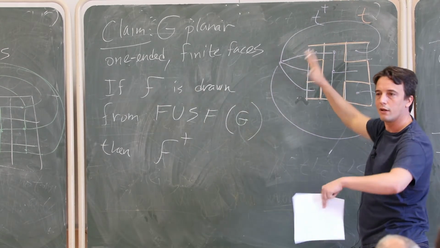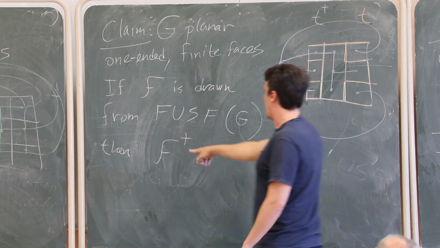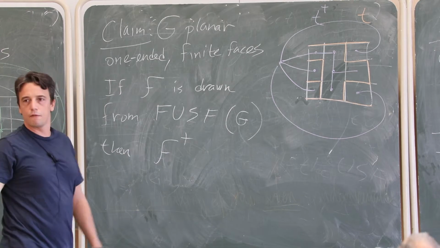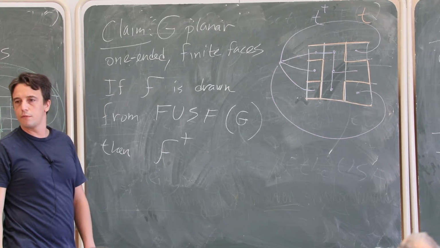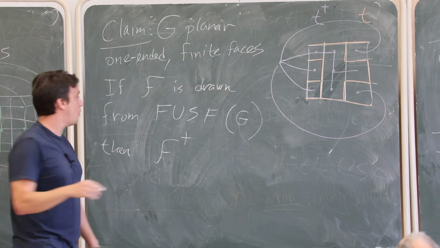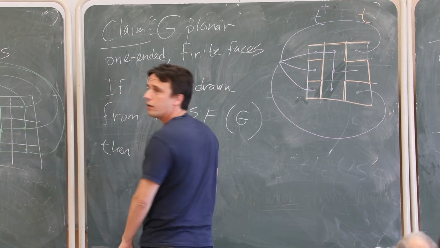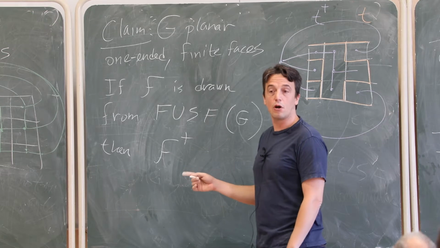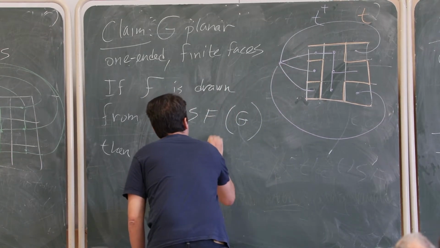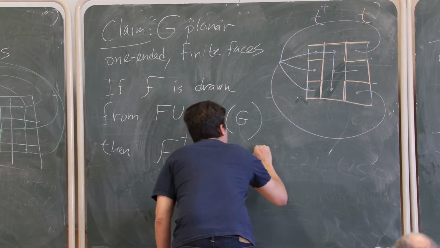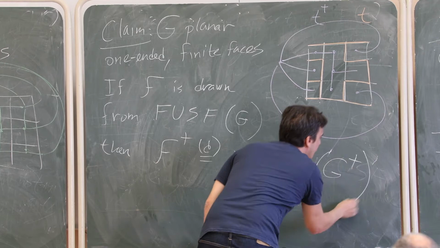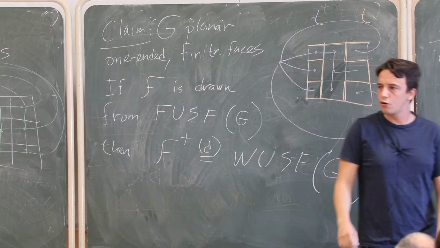So it really works out nicely. But the issue is that if I draw F from the free measure on the uniform spanning forest on the big planar graph, its dual corresponds to the wired uniform spanning forest on the dual graph, right? This is distributed as the wired uniform spanning forest of G cross.